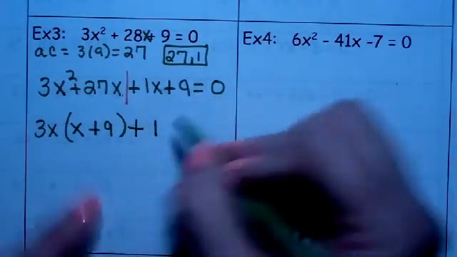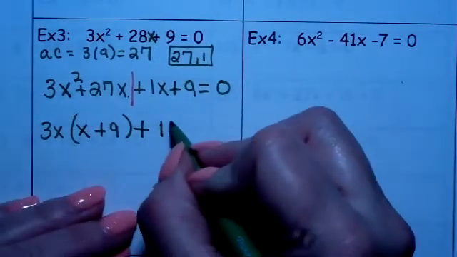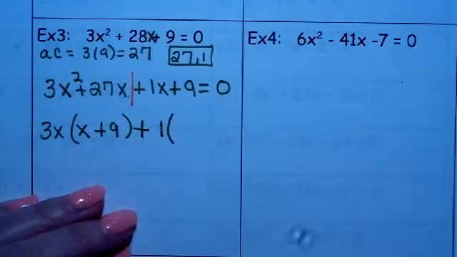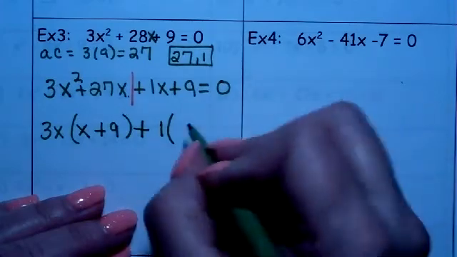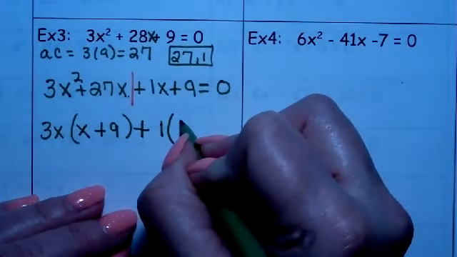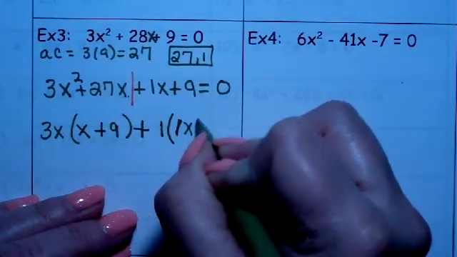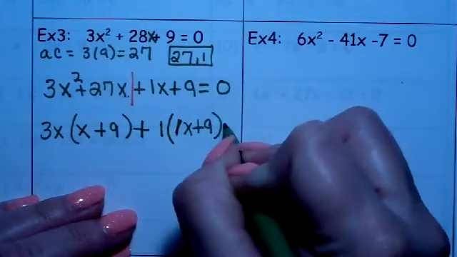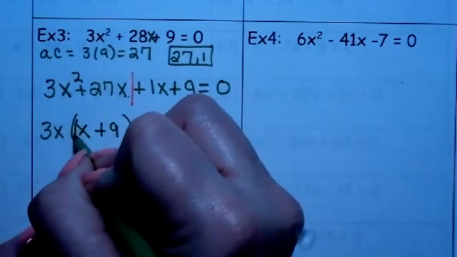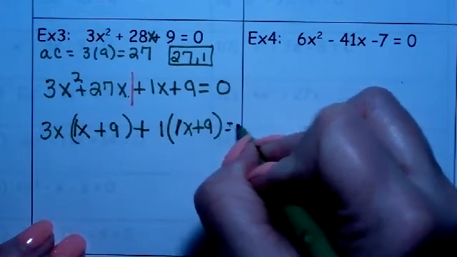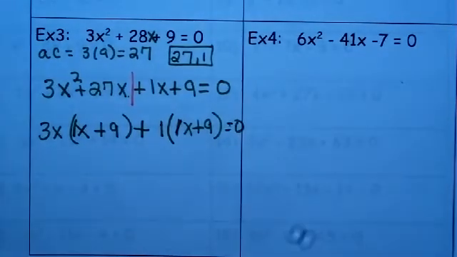Okay, because 1 and 9, the only thing they have in common is 1. So I put a 1 outside the parentheses, and that's going to give me 1x plus 9 inside the parentheses. You know, if you want to, put a 1 placeholder right there, equal to 0.